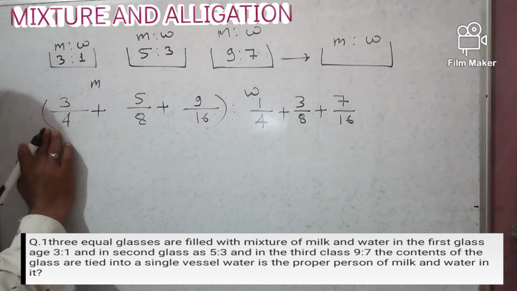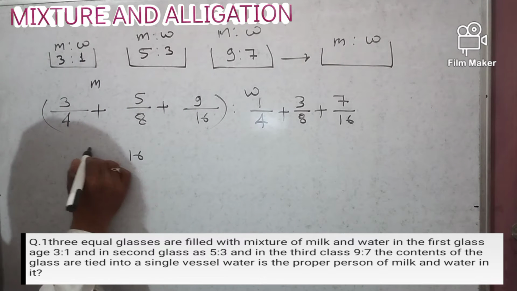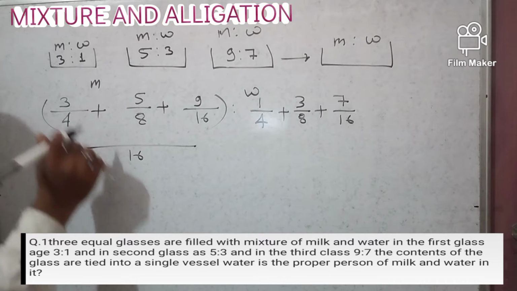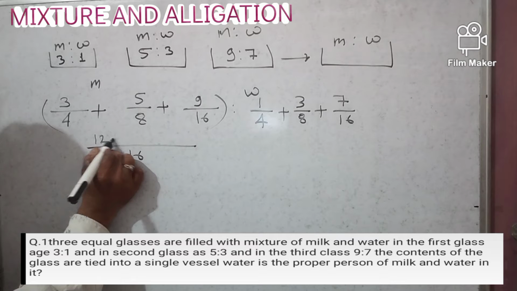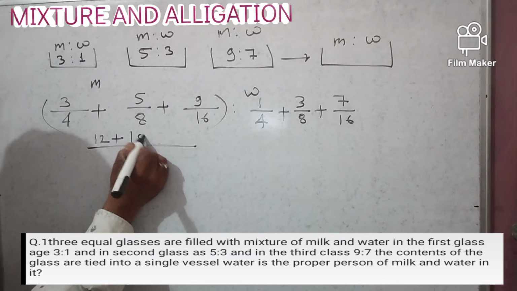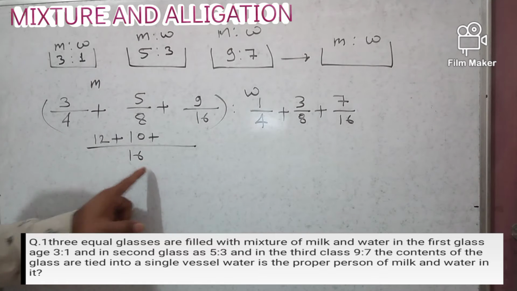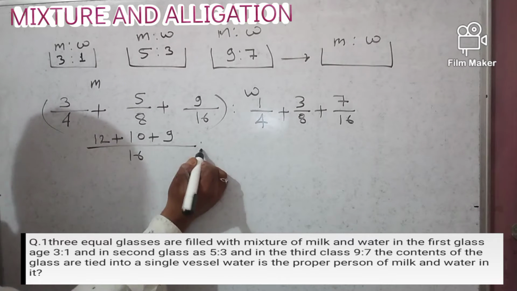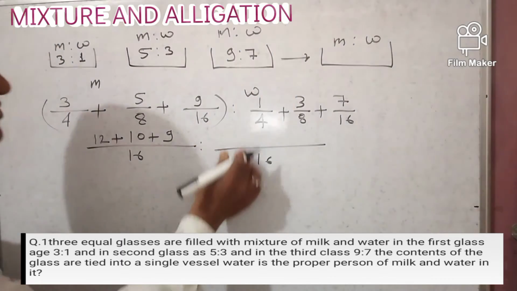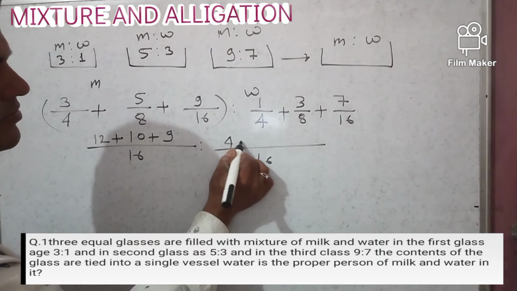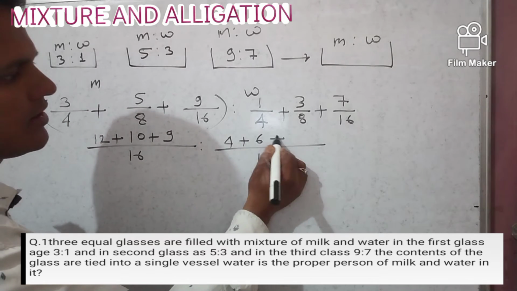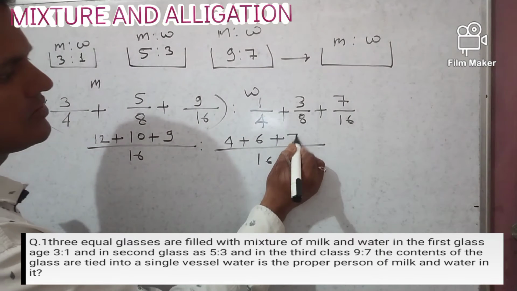Now take the LCM. The LCM will be 16, right? So 4 times 4 is 16; 4 times 3 is 12, plus 8 times 2 is 16, so 5 times 2 is 10, plus 16 times 1 is 16, so 9. Similarly for water, the denominator will be 16: 4 times 4 is 16 so 4, and 8 times 2 is 16 so 6, and 7.